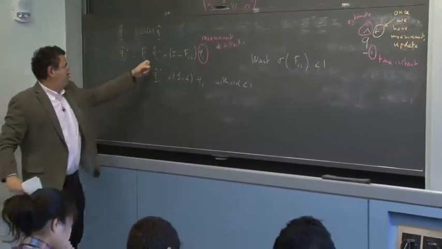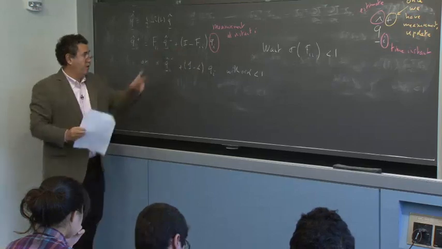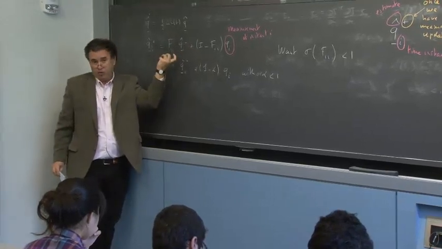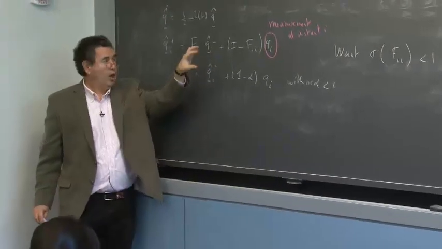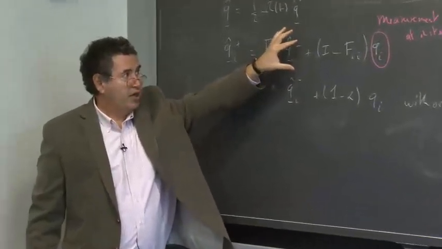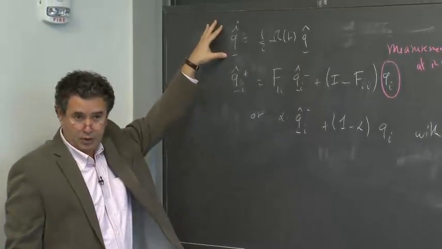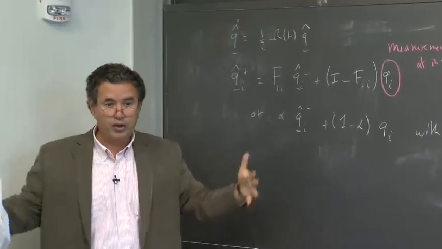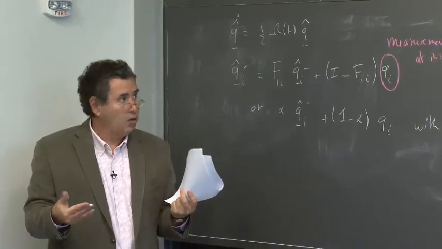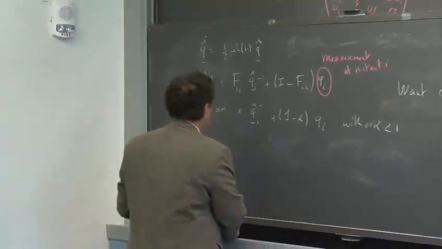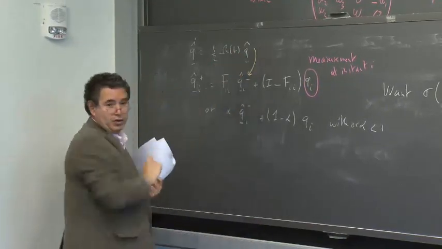And we update based on Qi minus, which was our best guess, our estimate just before the measurement, and the measurement. Our best guess just before the measurement comes from this. It's the result of our continuous simulation all the way up to just before the measurement. So this here is going to define this.